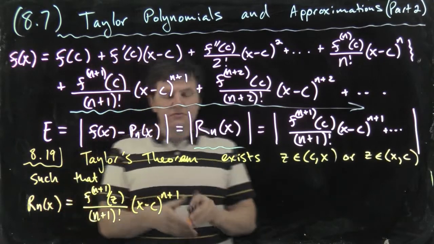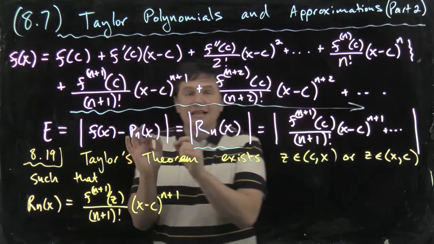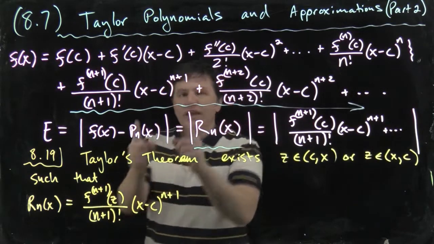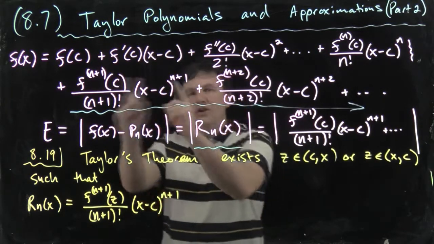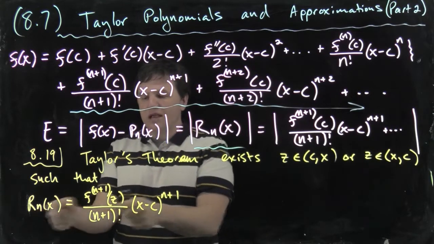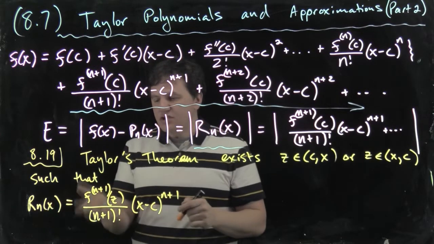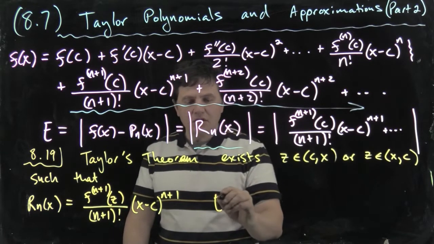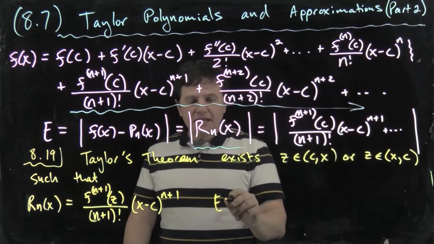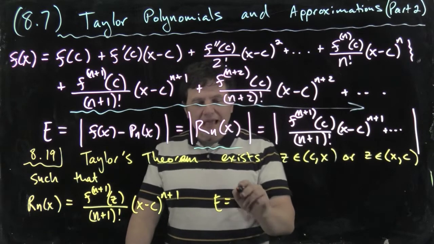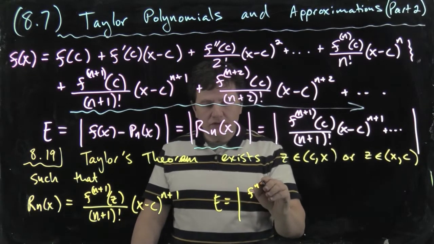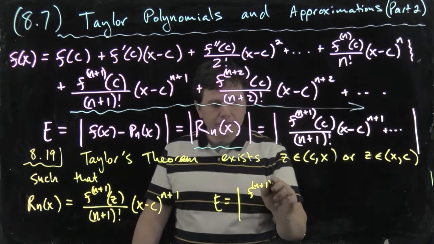So what Taylor's theorem tells me is that it's not the same value as x, it's some z, and we can boil this down to one term. So we can get a hold of this remainder term in just one term, which is very, very powerful because now that allows us to get this. What that means is our error is going to equal the absolute value, because this could be positive or negative, of this one term.